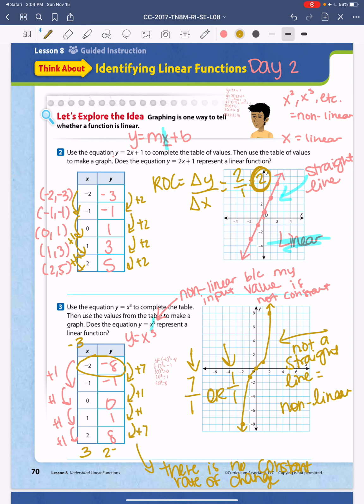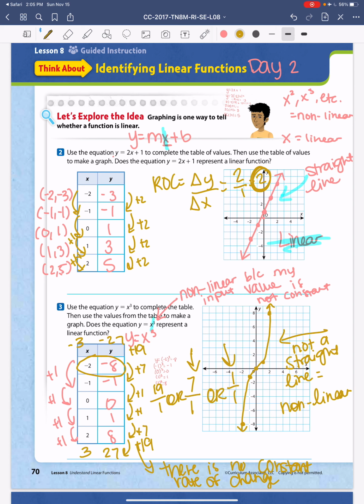Then I'd have 27 and negative 27. That's totally different. It just continues to jump, and we're not trying to do that. We have it adding up by like 19, and we're not trying to do that. Then it continued to add up by 19, so we could have another rate of change of 19 over 1. There's nothing consistent about this rate of change. That's what I'm trying to show you.